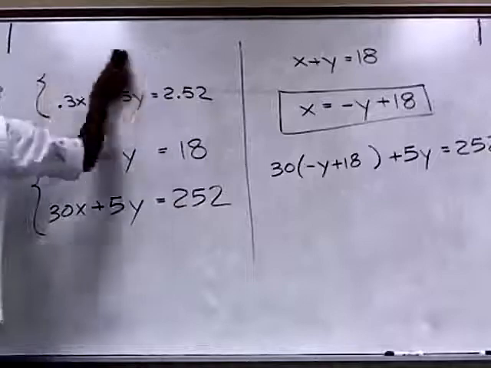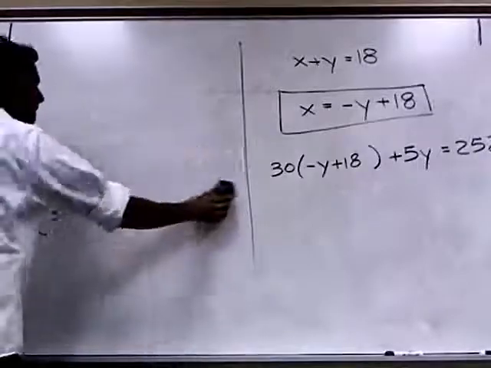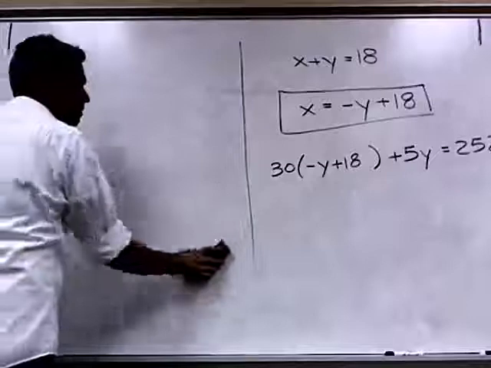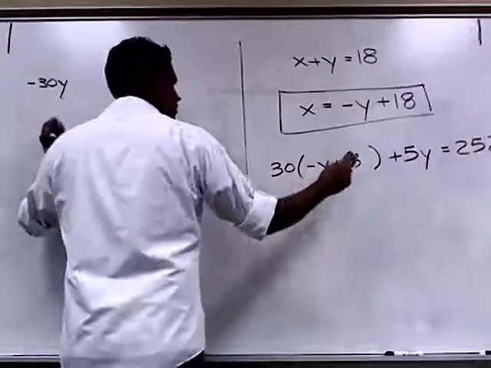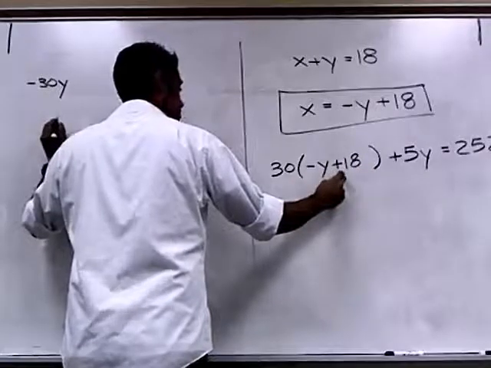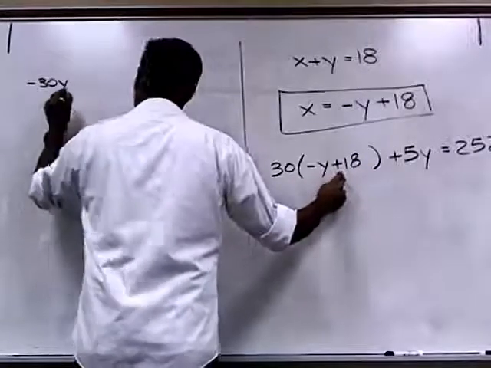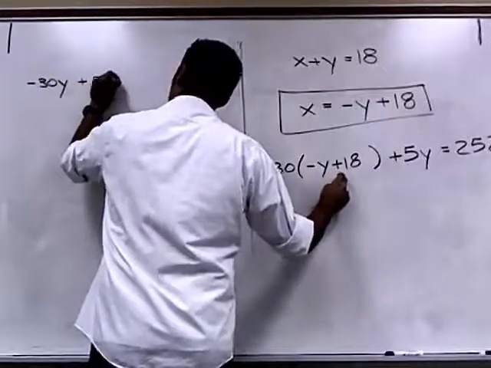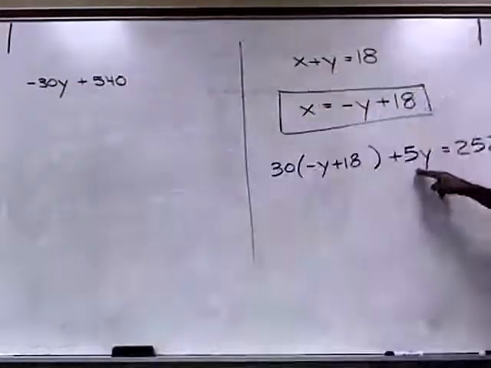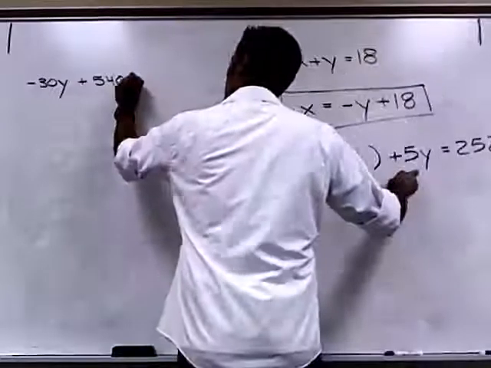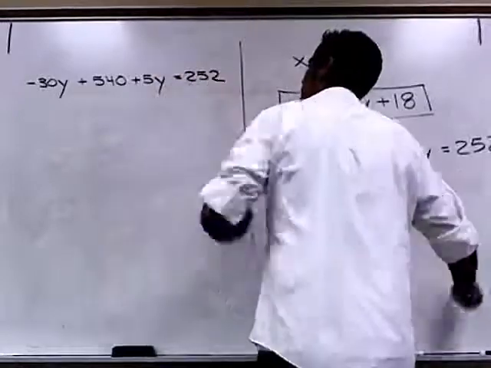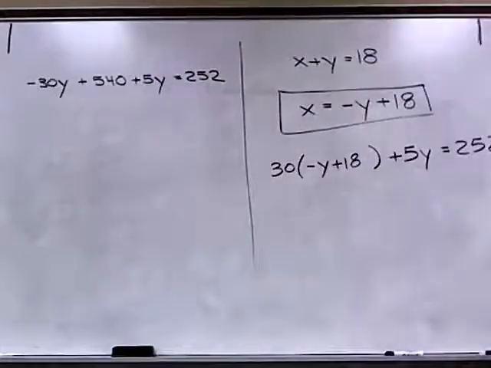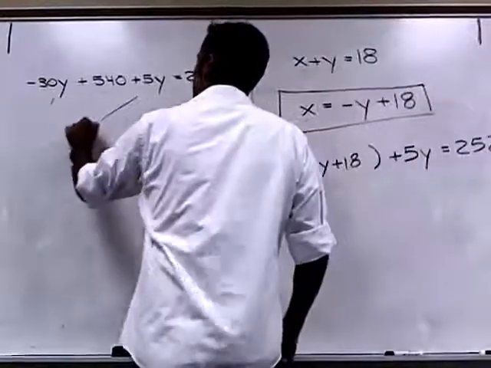Distribute 30 through, and you get negative 30y, plus 540, then plus 5y equals 252. Put your y's together. How many y's will I have if I put those together? Negative 25.